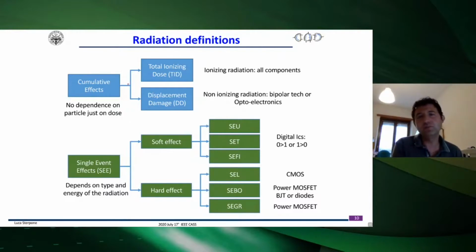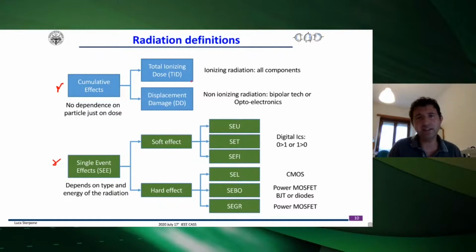We can simplify, let's say, into two different phenomena: the cumulative effects and the single event effects. If we talk about cumulative effects, we are referring to the long duration effects of the radiation. Typically, we are talking about total ionizing dose or displacement damage. It means that the radiation is accumulated inside of the device.